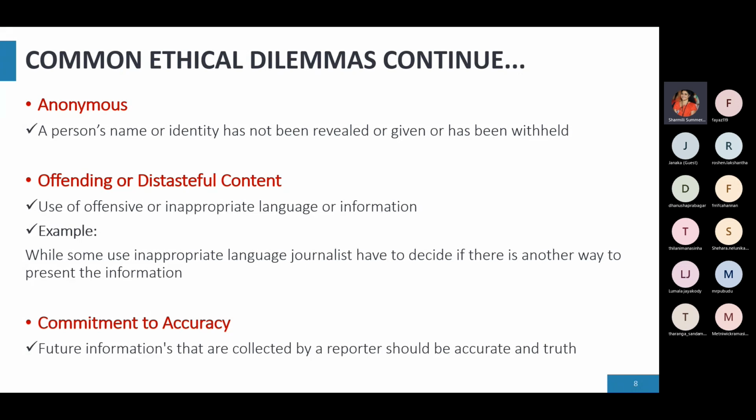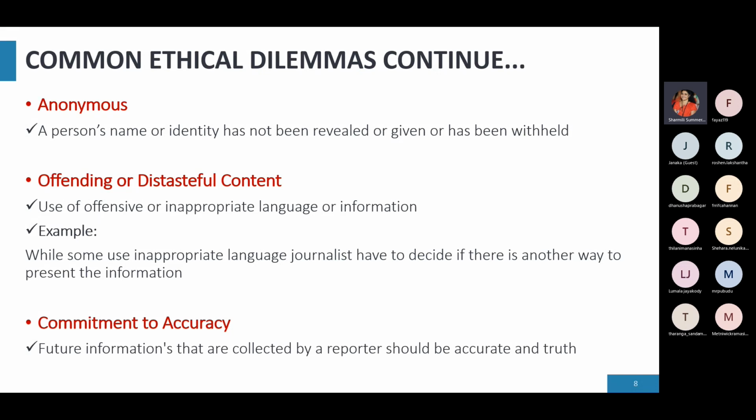Offending or distasteful content. Most commonly journalists can identify these, because when they are interviewing any person, the language, words, phrases or information provided by a particular individual could be offensive. We can't directly print those words or put them directly to the media or the public.